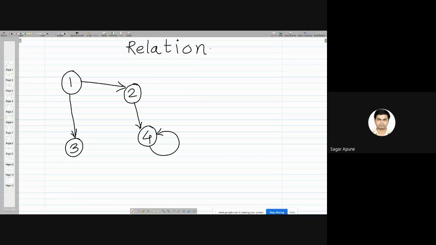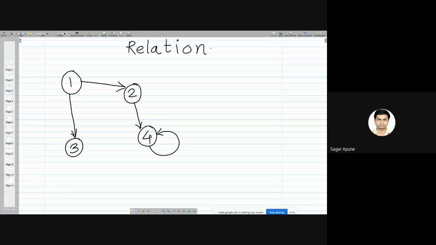So relation is a set of connections, means collection of edges. Here 1 to 2 connection is there, so this is one relation. 1 to 3 is the second relation. 2 to 4 is the third relation. 4 to 4 loop is again one relation.